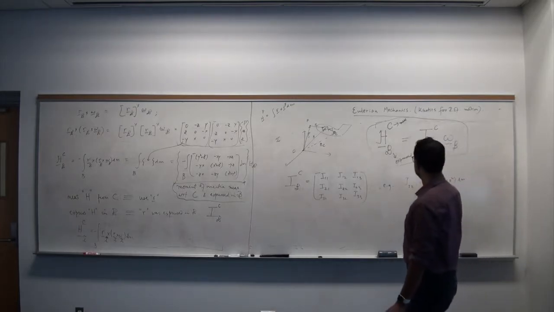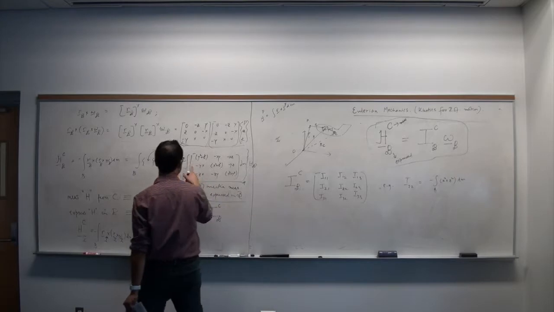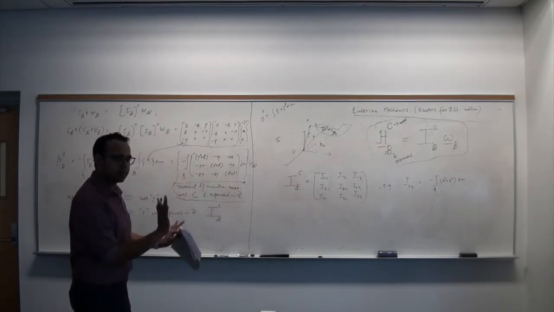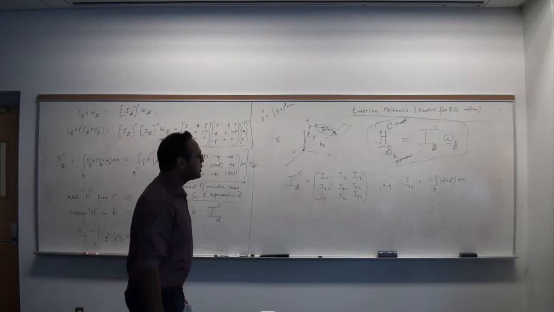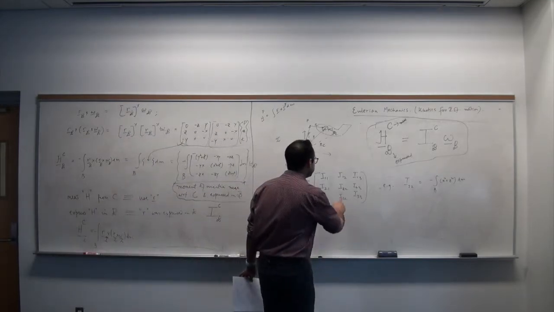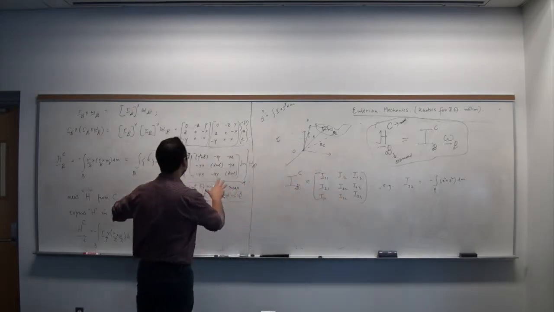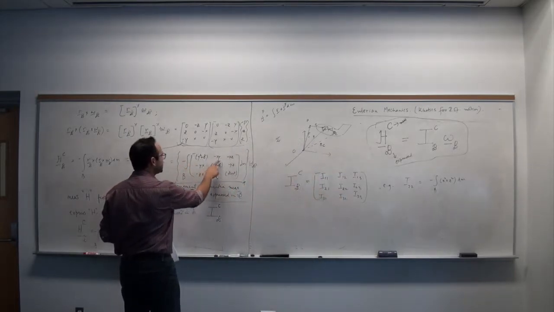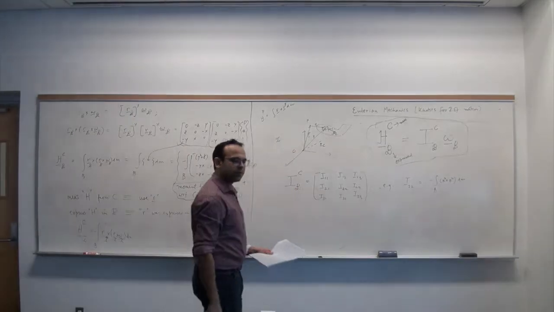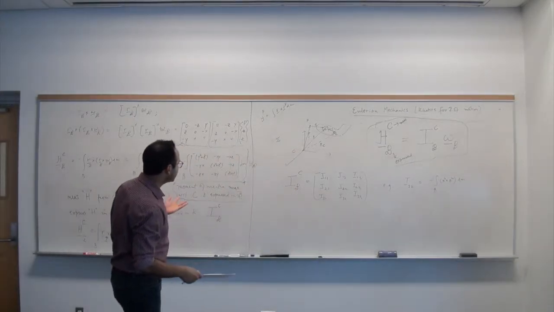I probably should check this sign here. Maybe this extra negative sign should not be there, but you can go back and check that in the typed notes as well. So according to what I have on the board right now, that's I22, the integral. Now one thing you will notice for this inertia matrix is that it's symmetric.